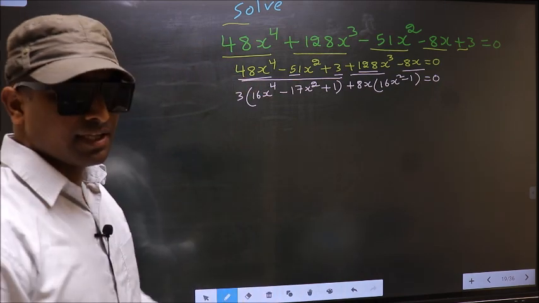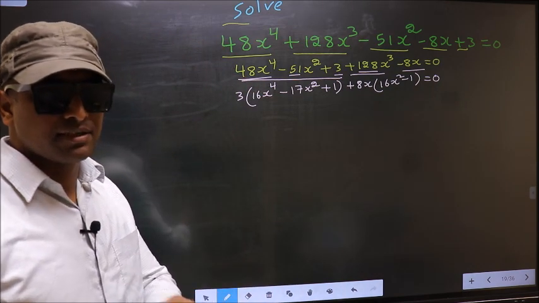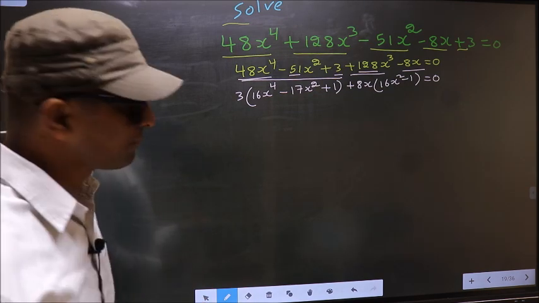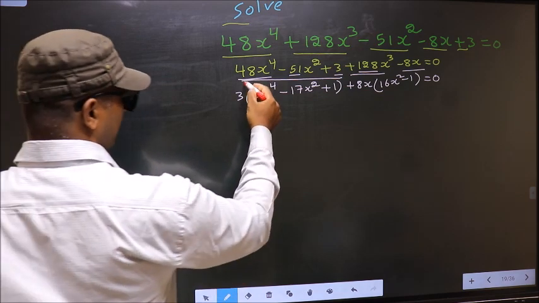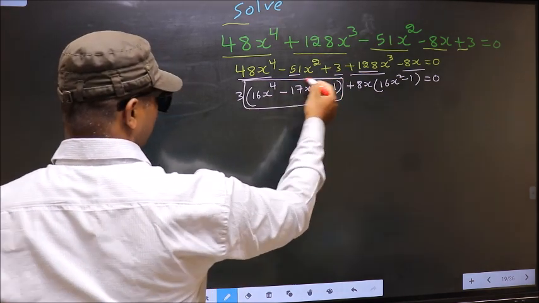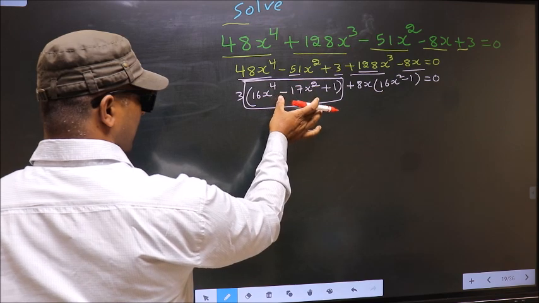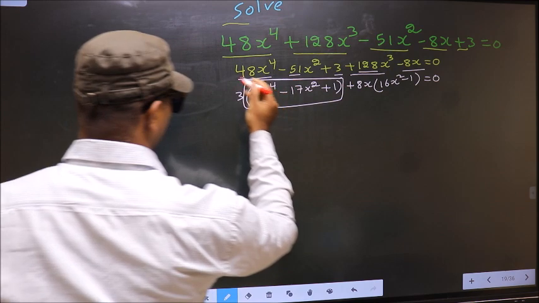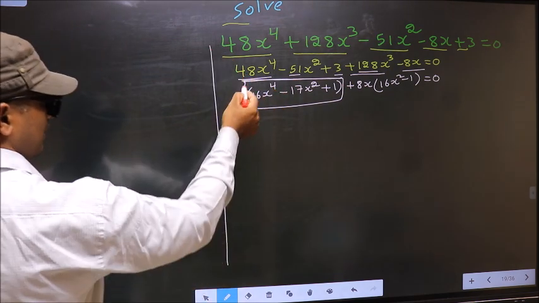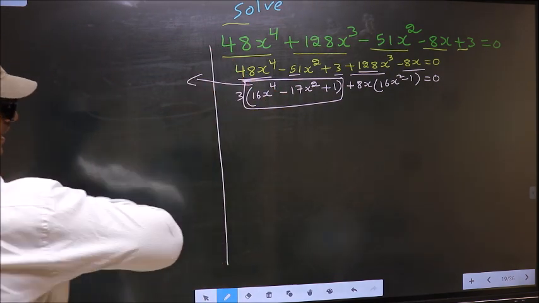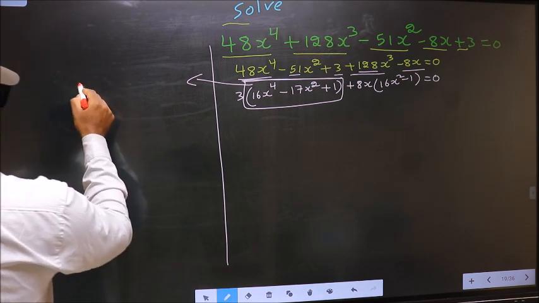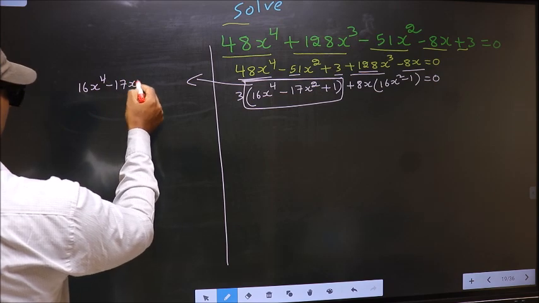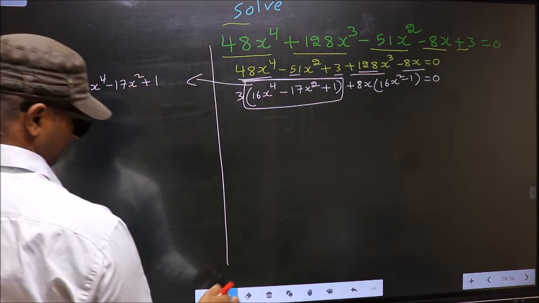Now, the reason for us doing the rearrangement and taking common is so that we can factorize these three terms, that is 16x power 4 minus 17x square plus 1.